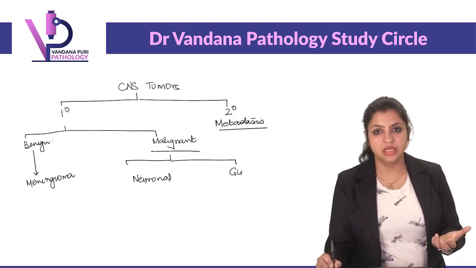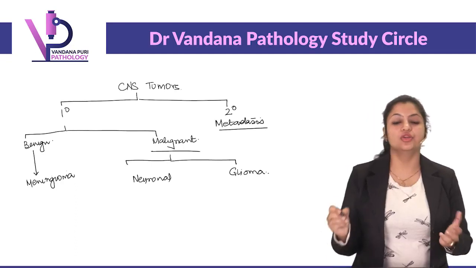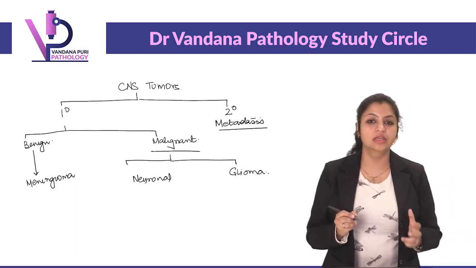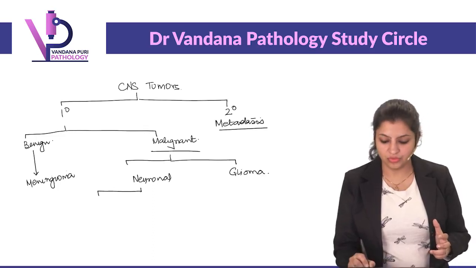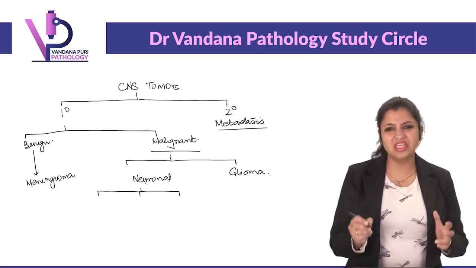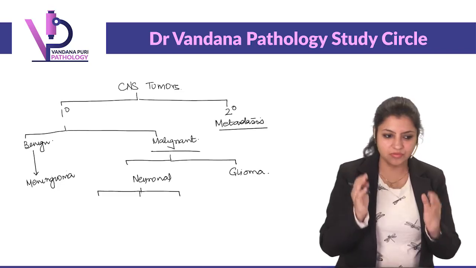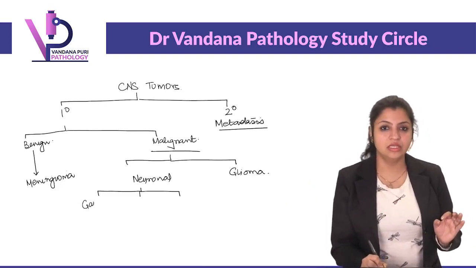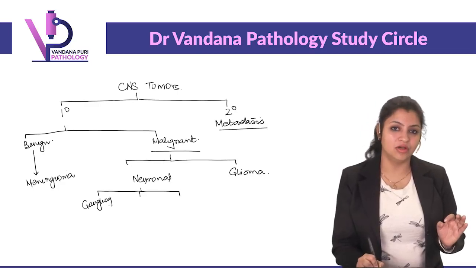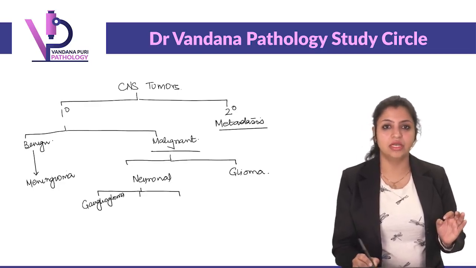So gliomas and neuronal tumors. Among the neuronal tumors there are many, but three should be remembered. The first is ganglioglioma.